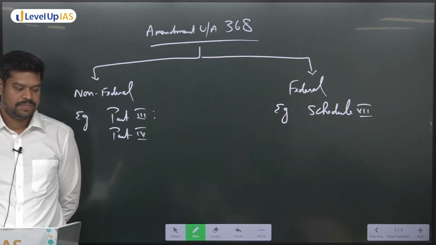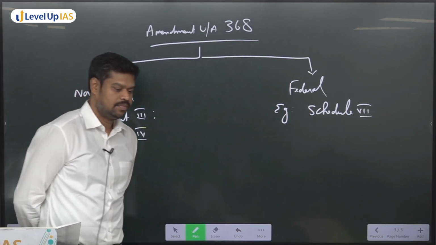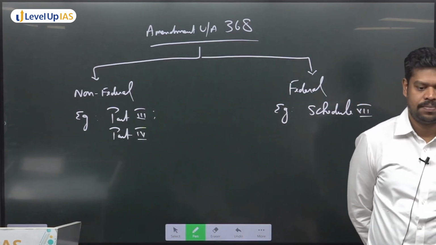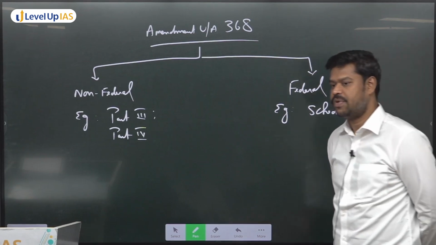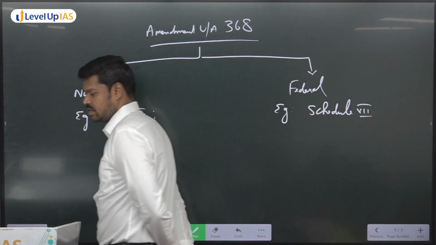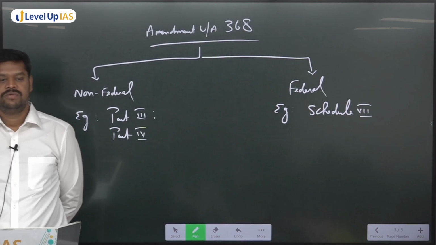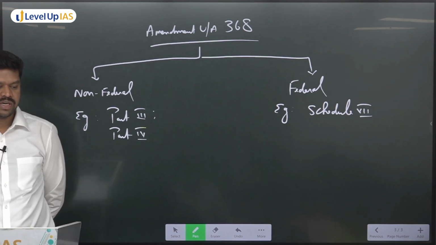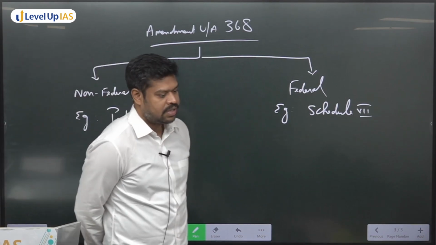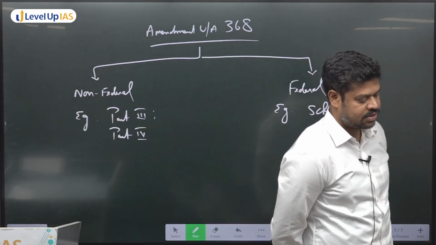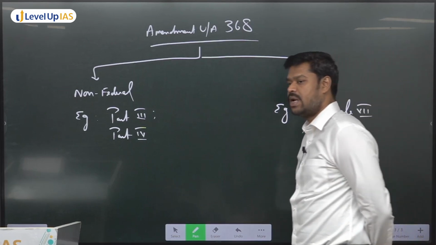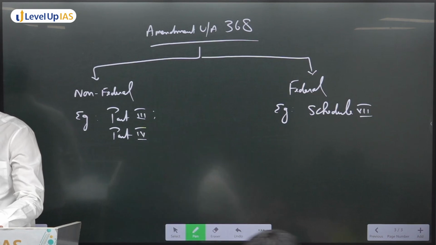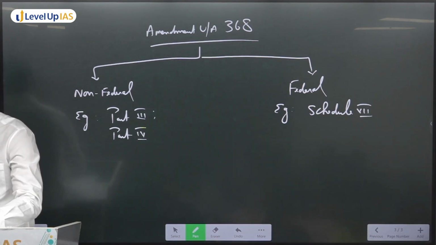which will alter the distribution of power between the center and the state, is considered to be an amendment to the federal provisions.